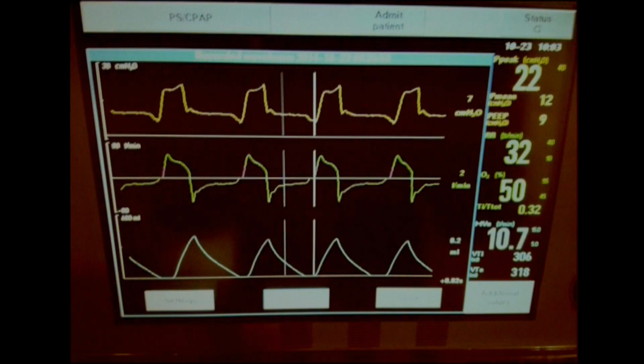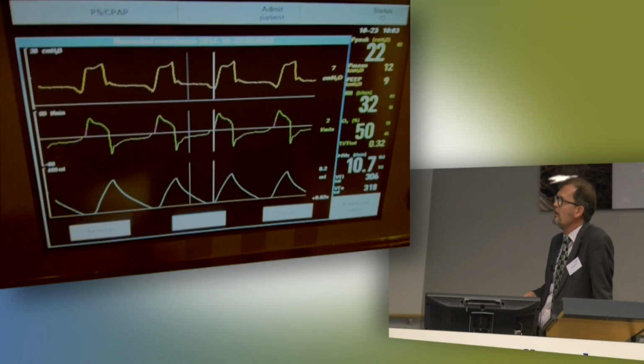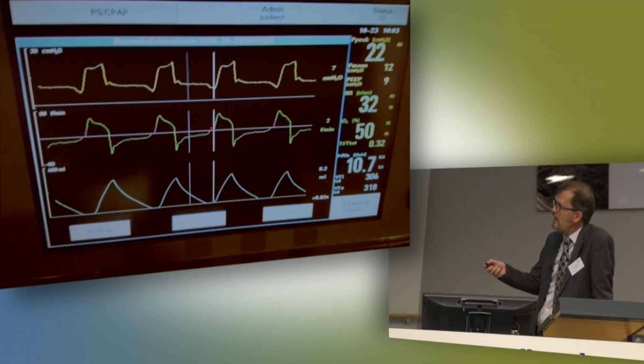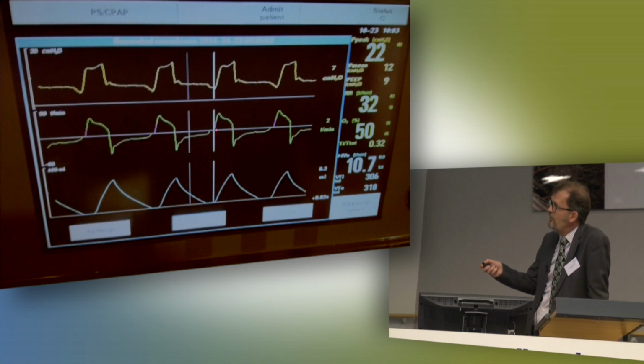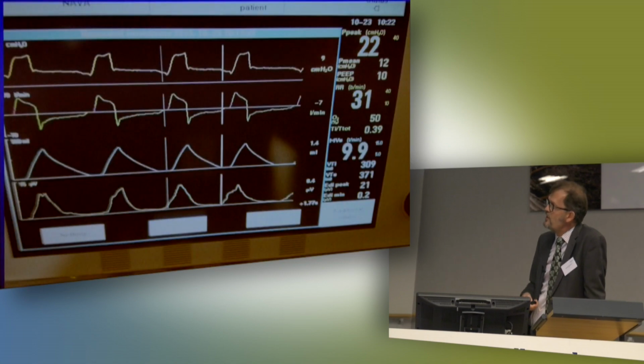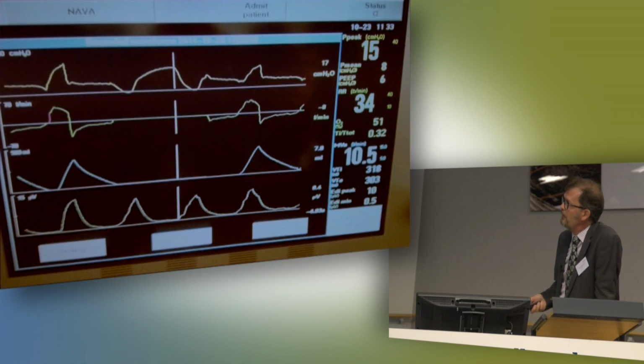Just to show you an example from St. Michael's Hospital, where you have a patient under pressure support, you have no EDI, so you have no good idea, except if you look carefully at the flow trace, you see that it starts to decrease far before the beginning of pressure support. But of course it's much easier if you have the EDI, because you can measure the delay between the EDI activity and the start of pressure support.